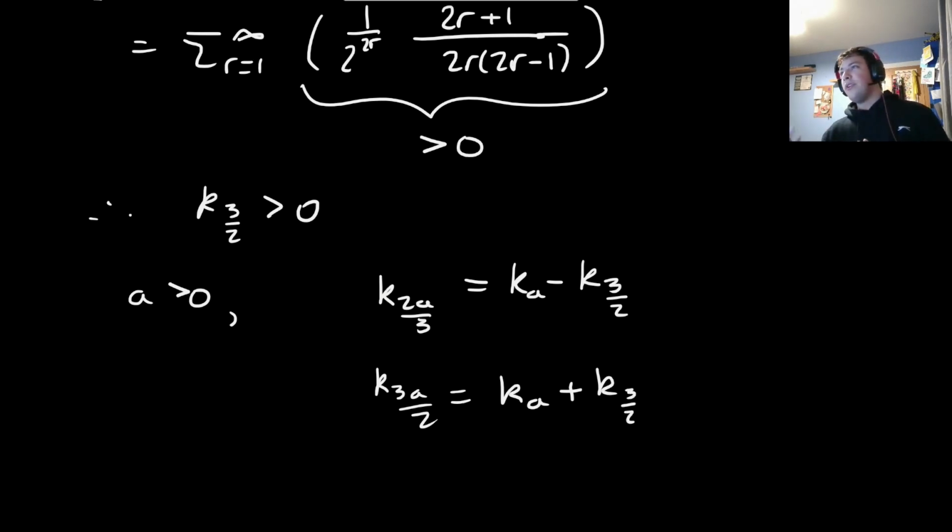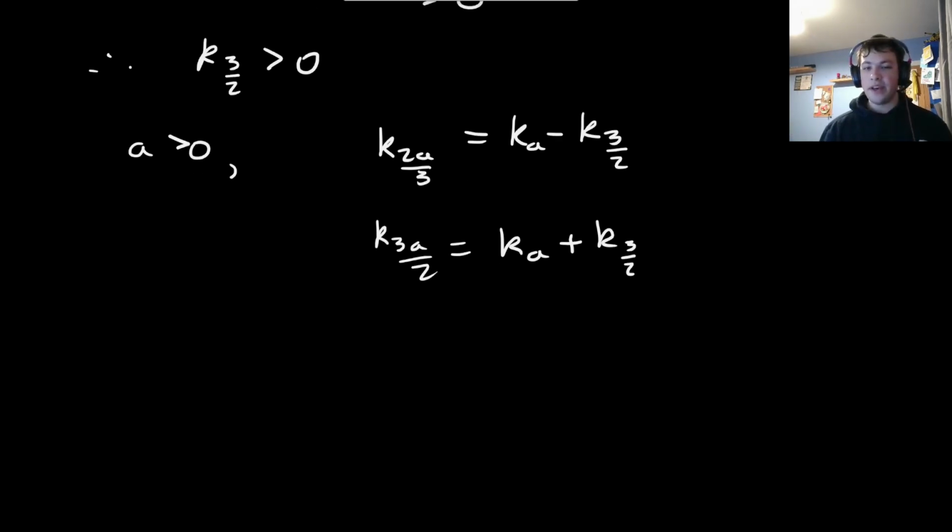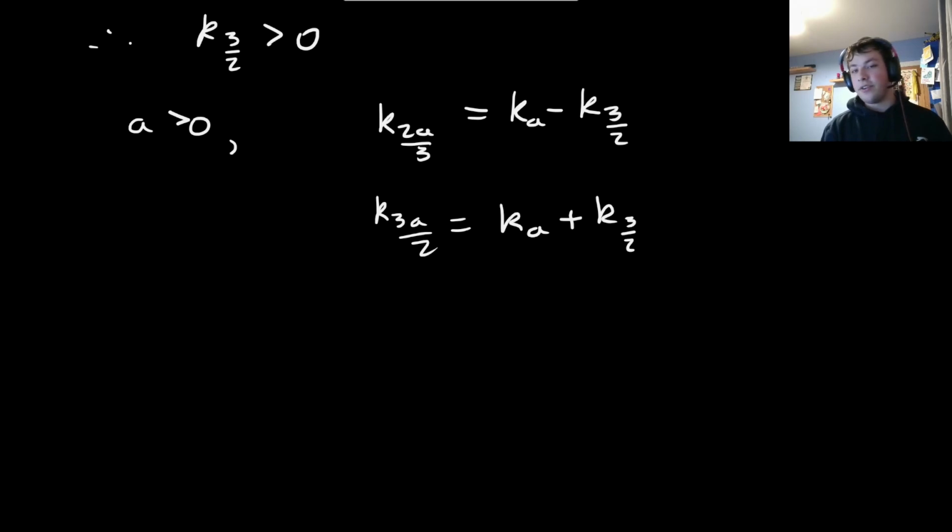And so we can make our K as largely positive infinite or as largely negatively infinite as we want by just multiplying by the 3/2 or 2/3, right? We're going to get arbitrarily far away from zero by doing that, because we keep adding on K3/2, or we keep subtracting off K3/2. And so therefore K is unbounded.